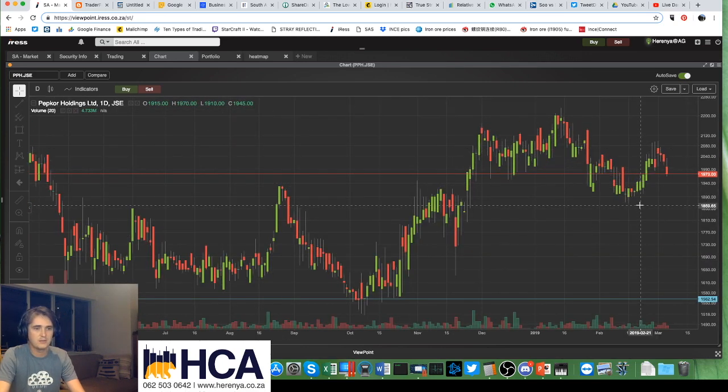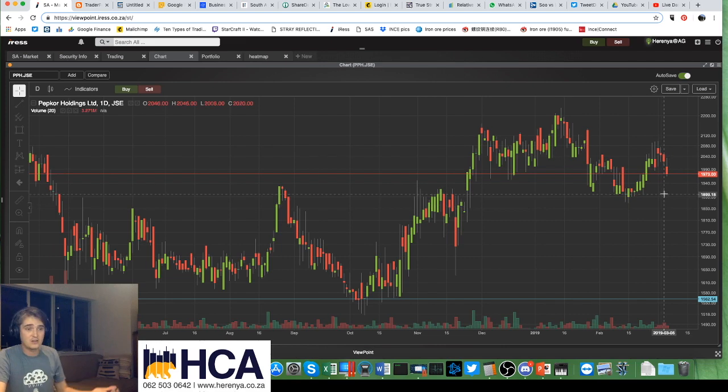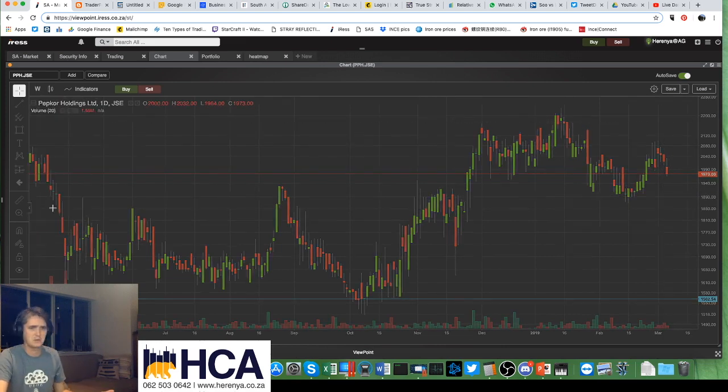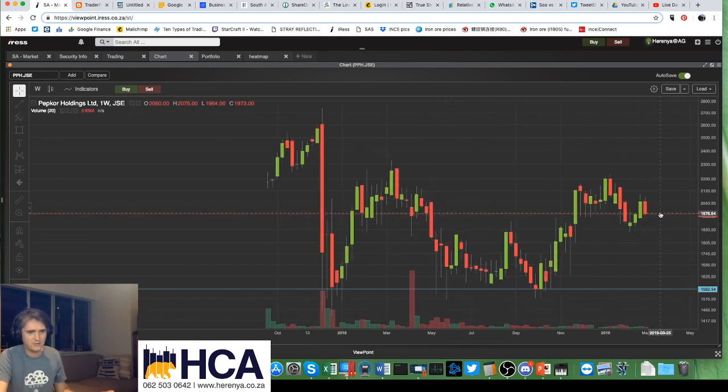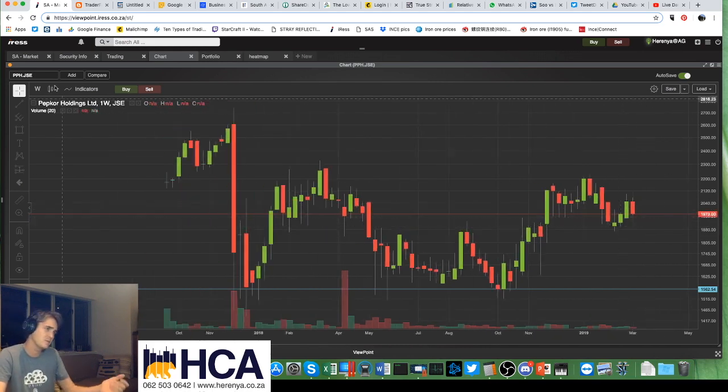Offhand, I can't see anything overtly bearish except maybe three or four red candles in a row. Maybe if we look at a weekly chart, we'll get lucky. Not yet, the week still has far to go. But if we do end below this candle, we could have a bearish engulfing on a weekly chart. That would be bad.